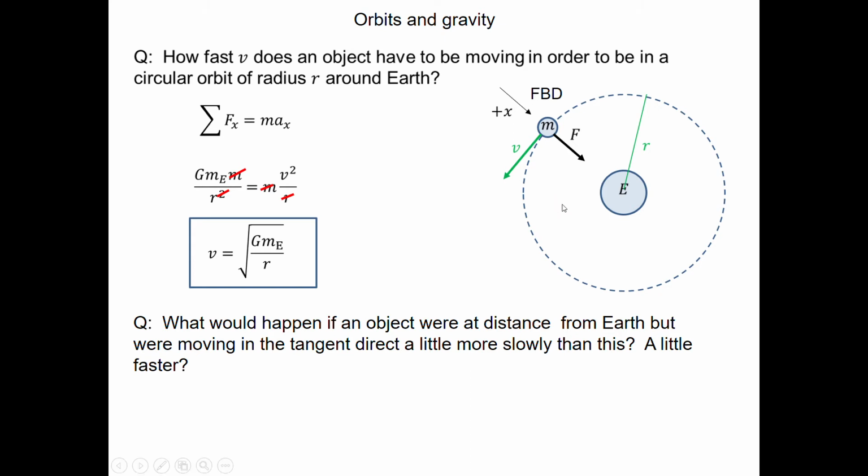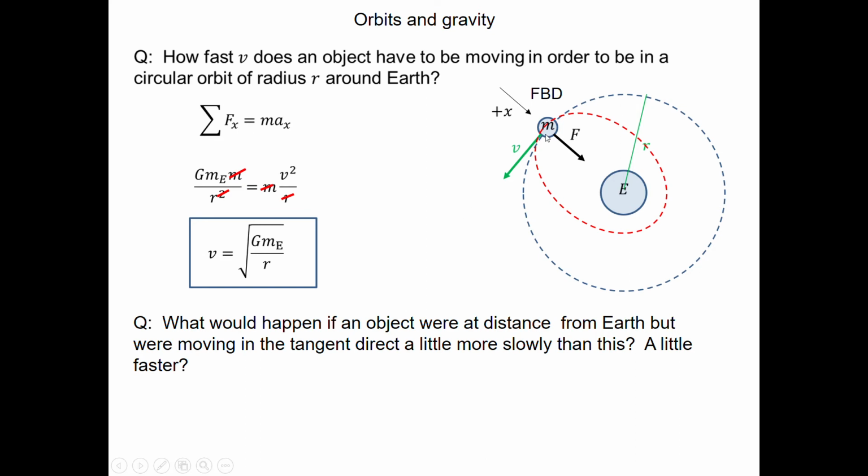And if you follow that logic all the way around, what you'll find is that, just like Kepler said, it will be in an elliptical orbit around Earth or whatever object it's in orbit around, but it won't be a circle anymore. So in this case, it initially starts falling closer to Earth. As it gets closer to Earth, it's speeding up because it's being pulled towards the direction it's going all the way down here. So it's going faster here. So here it's going too fast for the radius it's at, and it starts to get flung up farther away, and it ends up in an elliptical orbit.